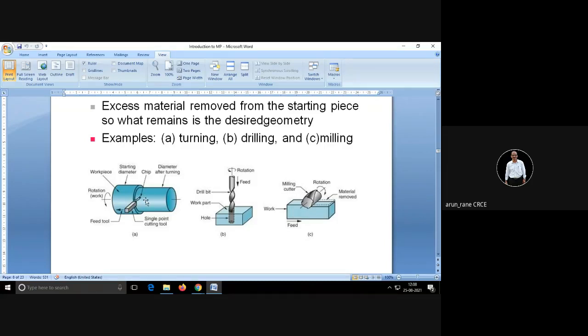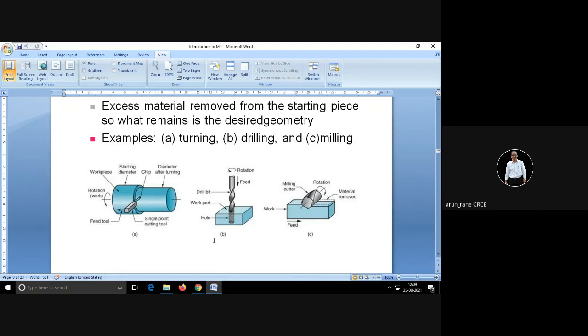In case of lathe, the tool reciprocates and the component rotates. There are exceptions. There is something called the sliding head lathe, where the tool will rotate and the workpiece will remain stationary.